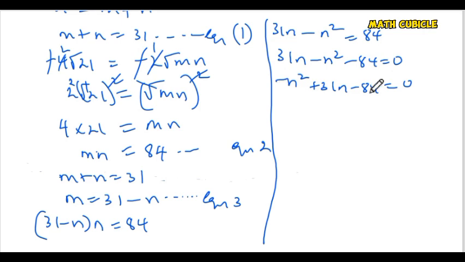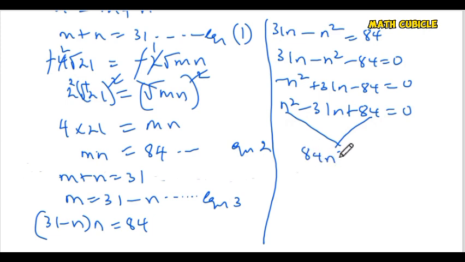So multiply through by minus 1, we have n squared minus 31n plus 84 is equal to 0. So we can now factorize this. N squared times 84 is 84n squared. The factors of 84, two numbers which when you multiply will give you 84, and when you sum it up will give you minus 31.